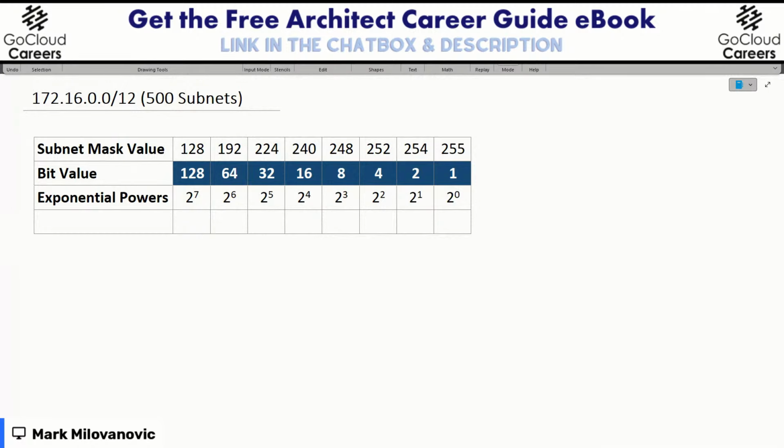So what I like to do is break it down. Now, I know that the first 8 bits are not going to change. So I'm just going to write them down, right? I'm going to do 1, 2, 3, 4, 5, 6, 7, 8. I need to get to 12, which is 9, 10, 11, 12.